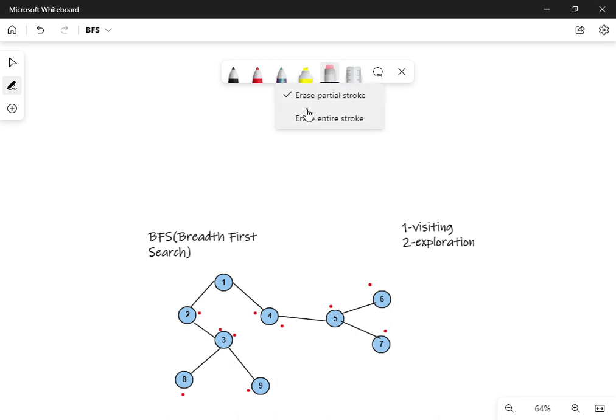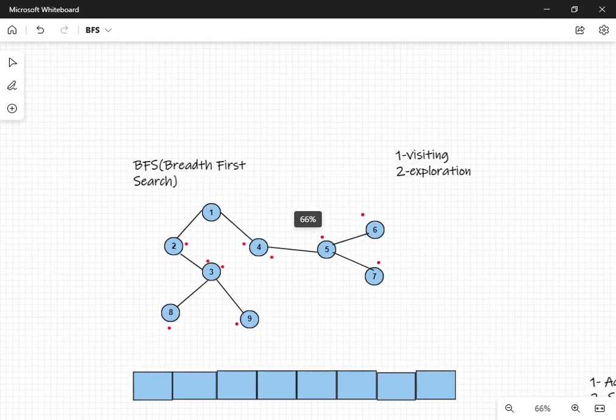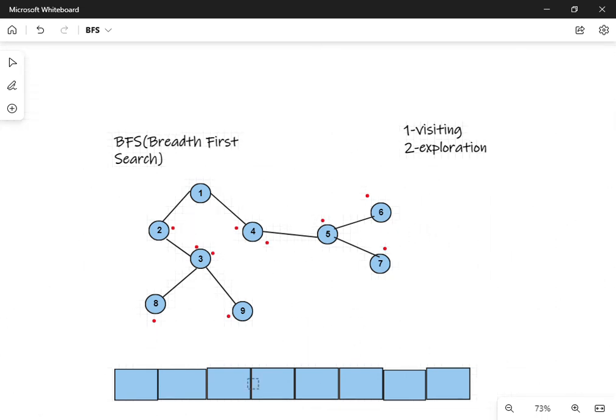Let me zoom the screen. So here I make a queue data structure. This is our queue data structure. Let me start traversing.